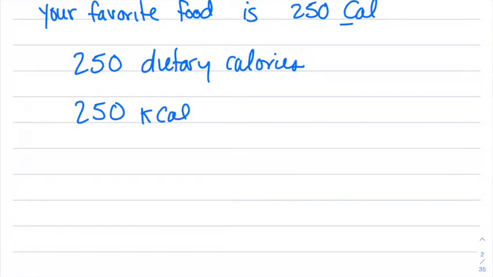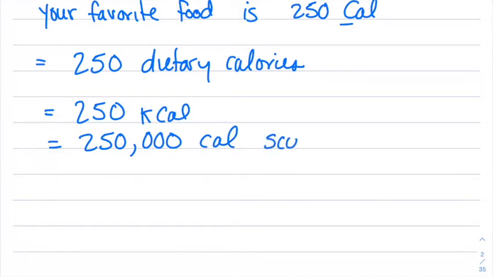And in science, we generally use the calorie, not the kilocalorie. So in science, that is 250,000 calories. When we're talking about calories in science, I'm going to say scientific, we are using the original calorie, so lowercase c.